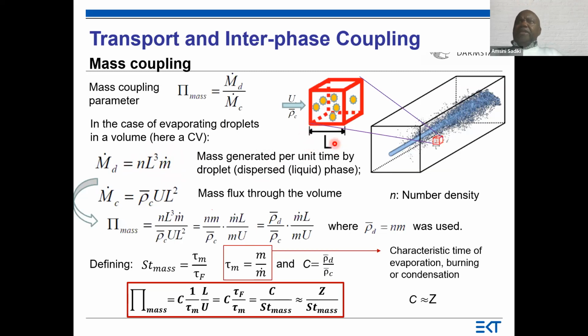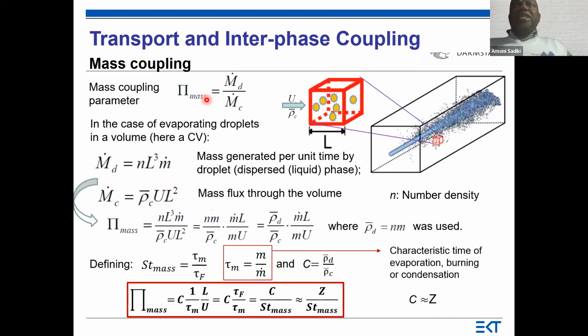The volume is L exponent 3. The mass flux through the volume should be this quantity multiplied by the surface, which is L exponent 2, multiplied by the momentum.